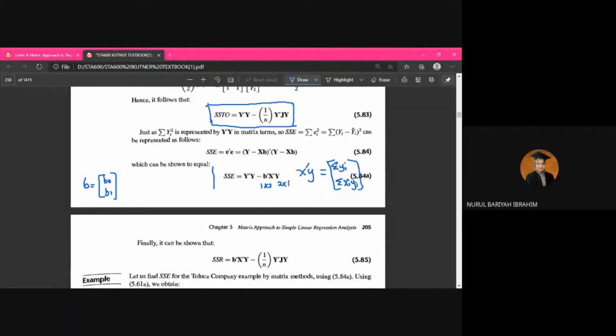So the summation of yi square minus the multiplication of these two matrices, which gives a single value, 1 by 1.